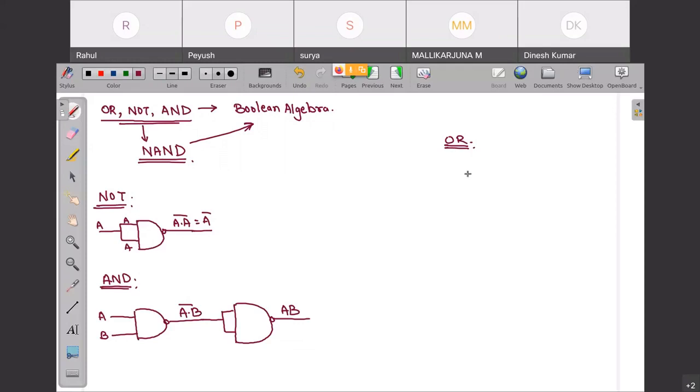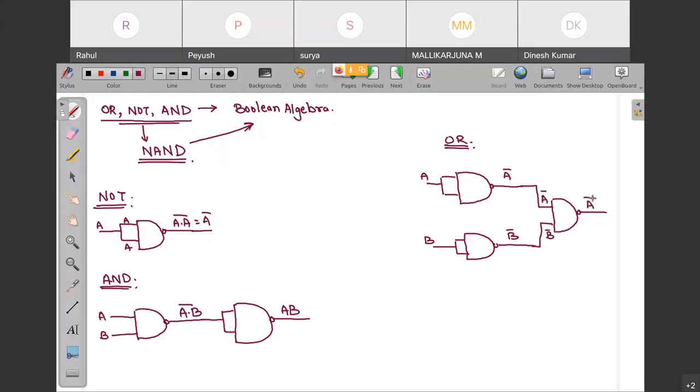See, for OR gate, this is A, this is A bar, this is B, this is B bar. Now if I take these two inputs and pass it from here, this is A bar, this is B bar.